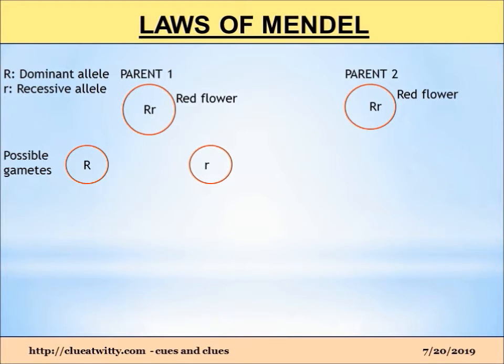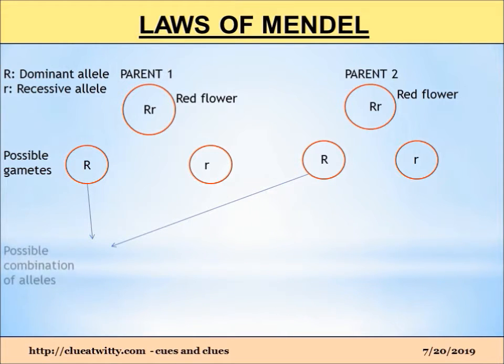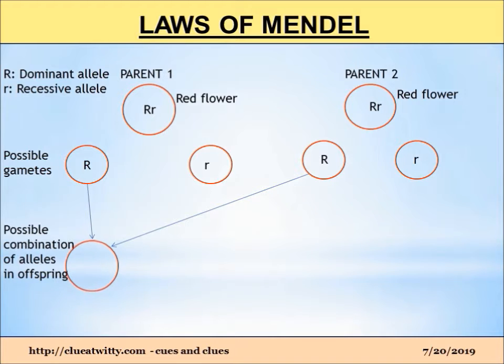During this segregation, the genetic material is halved into the two gametes, and during the process of random fertilization, the gametes unite together to restore the paired condition in the second generation. So when capital R fuses with capital R, a red flower with genotype capital R capital R is obtained.